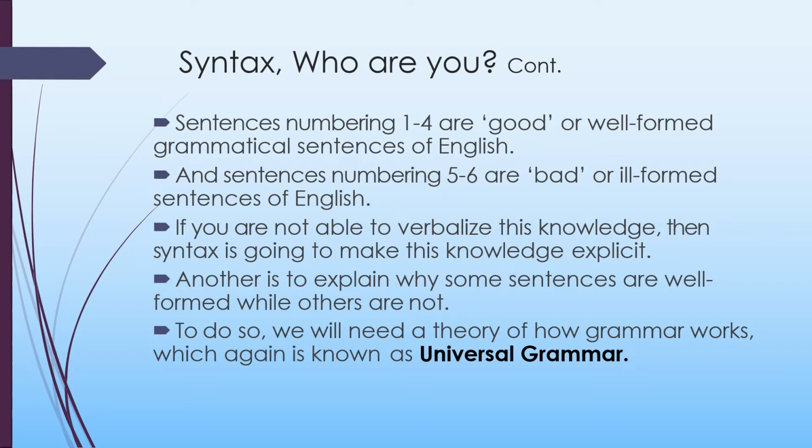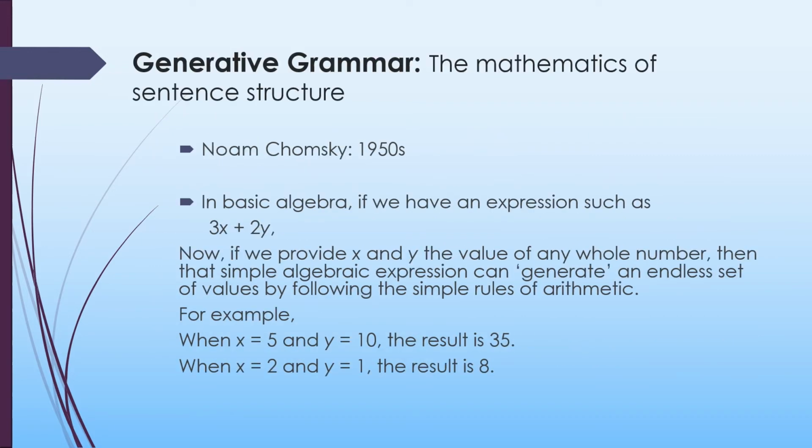For example, we said earlier that the presence of subject, verb and object in languages is very similar. So by these things we can understand that. Now we need to look at generative grammar.